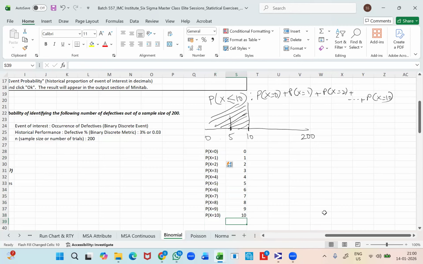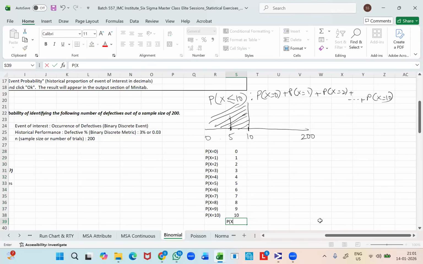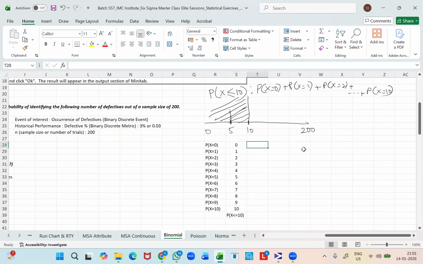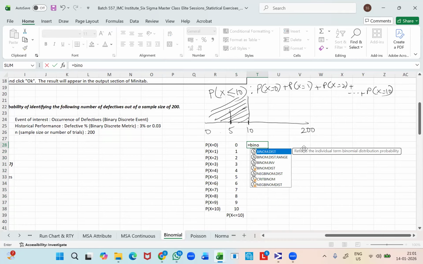So now I can find out what is the probability of X less than or equal to 10. So P of X less than or equal to 10. Let me obtain the individual probability values for all these numbers from 0 to 10. So again, equal to BINOM.DIST, open bracket.